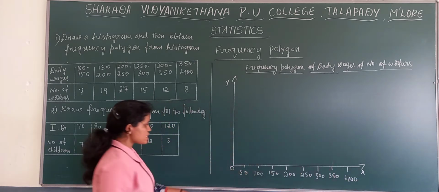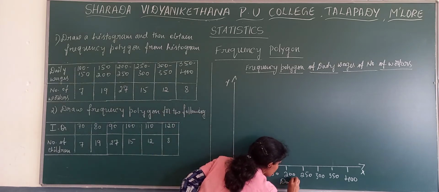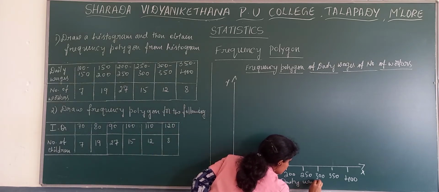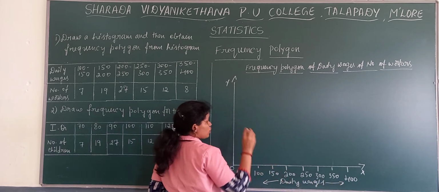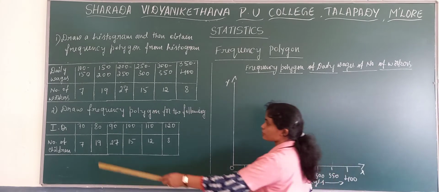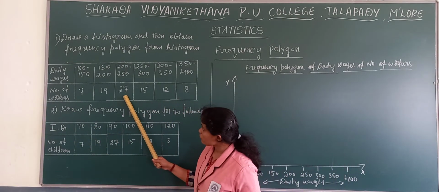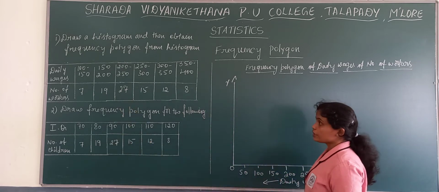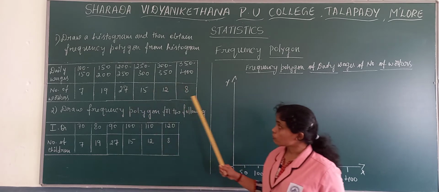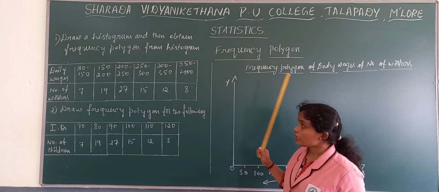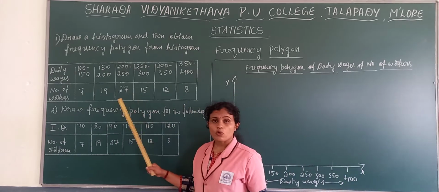So what did we represent here? Here it is daily wages along the x-axis. Then along the y-axis we need to represent the number of workers, and see which is the highest value. The highest value is 27. So here we can go either 5, 10, 15, 20, 25, 30, that also we can go, or else we can go 2, 4, 6.